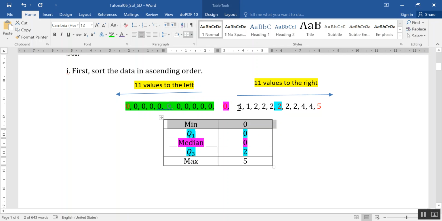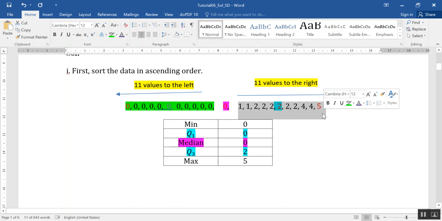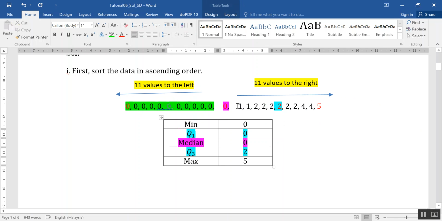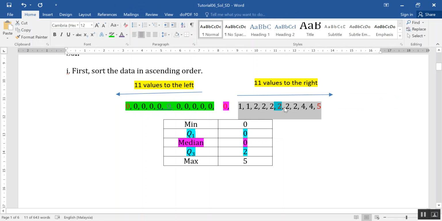Now what is Q3? It is the median of the top values after the median. In this case, these 11 values, the median will be 2. So that is why Q3 is 2. That is the easiest way to find quartile 1 and quartile 3.